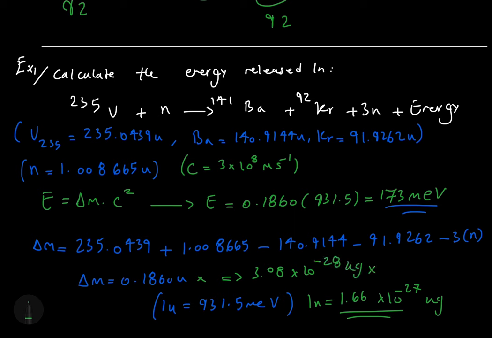And if you multiply that by the speed of light to the power of 2, you'll get the answer in joules, which happens to be 2.7 times 10 to the power of negative 11 joules. So the answer in joules would be 2.7 times 10 to the power of negative 11 joules.